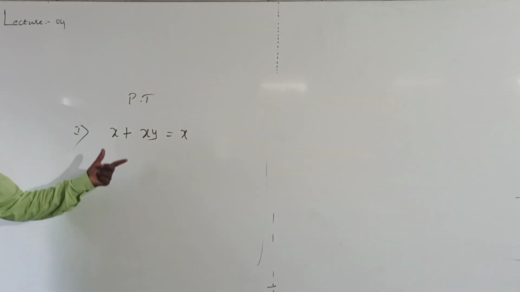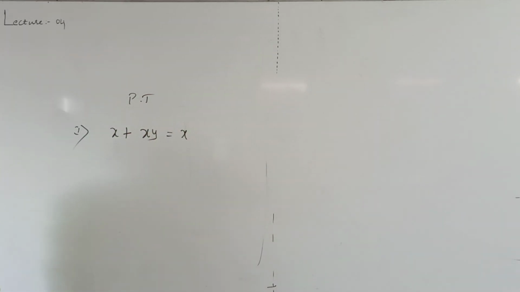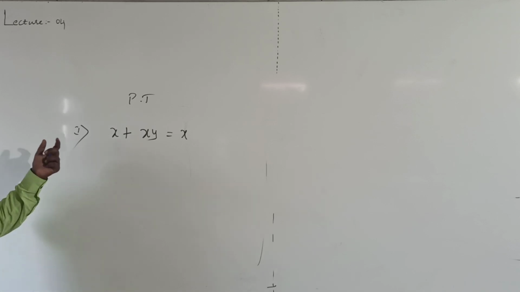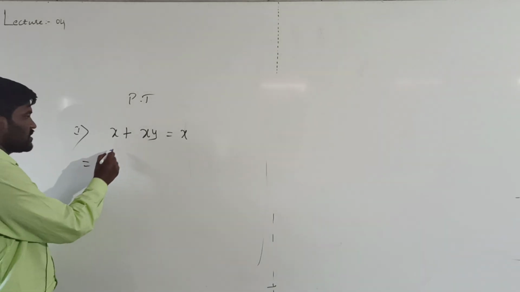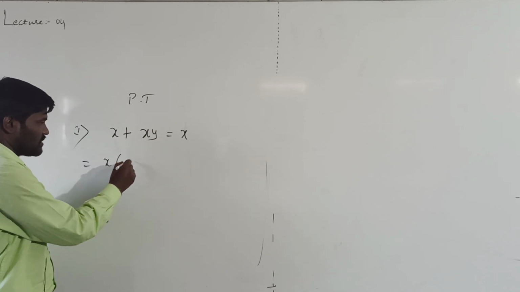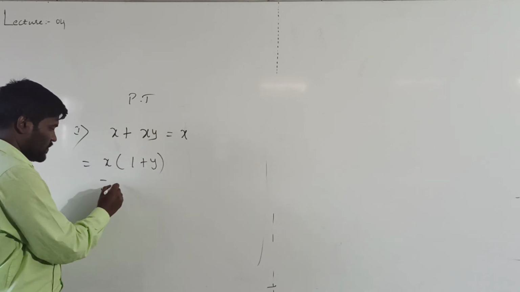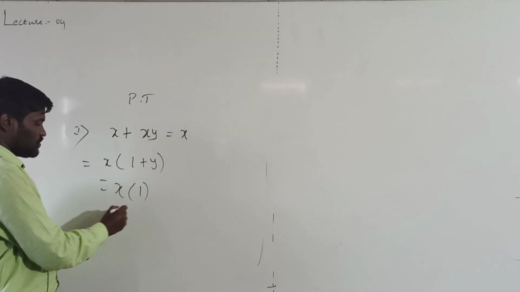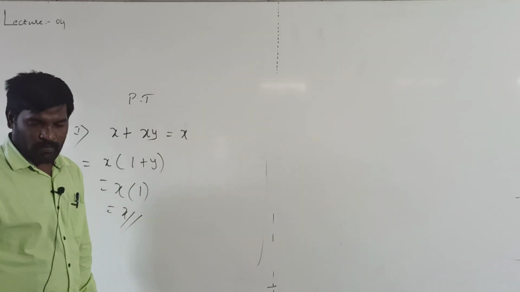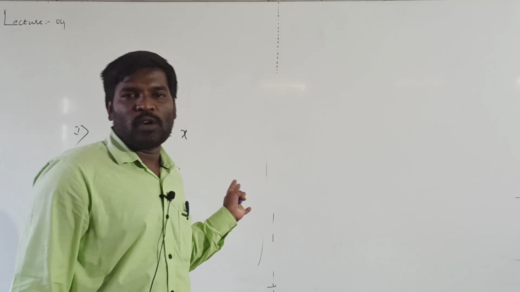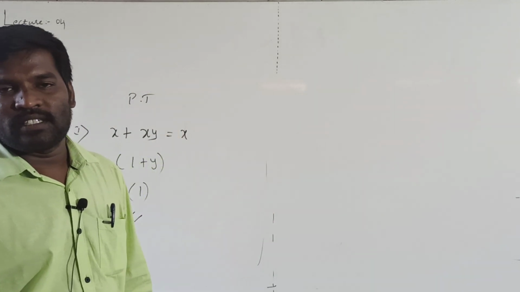Prove that x plus xy is equal to x. With the help of laws you can prove this. See here, the common term is x, so x into 1 plus y. Finally 1 plus y means 1, so it becomes x. This type of question can be asked for 2 marks.